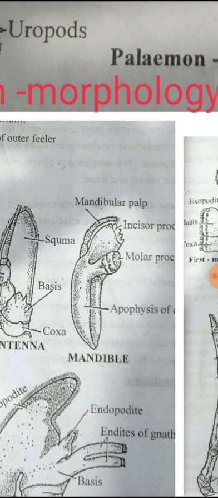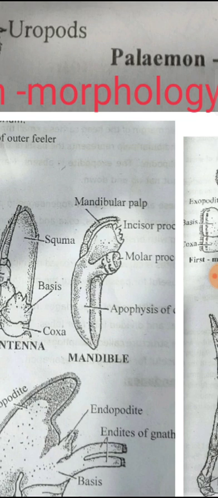The exopodite is absent. The maxillae are useful for passing food to the mouth. And the fifth pair is the second pair of maxillae.